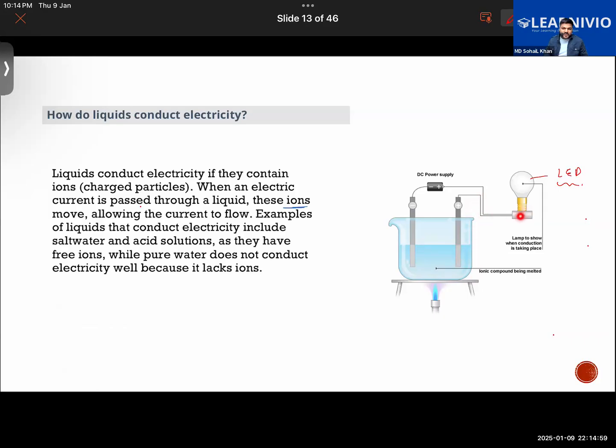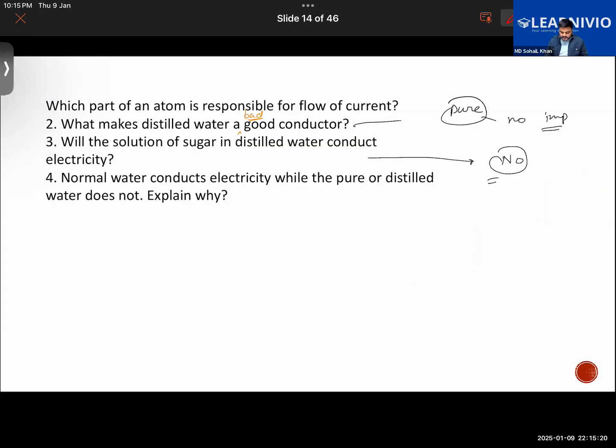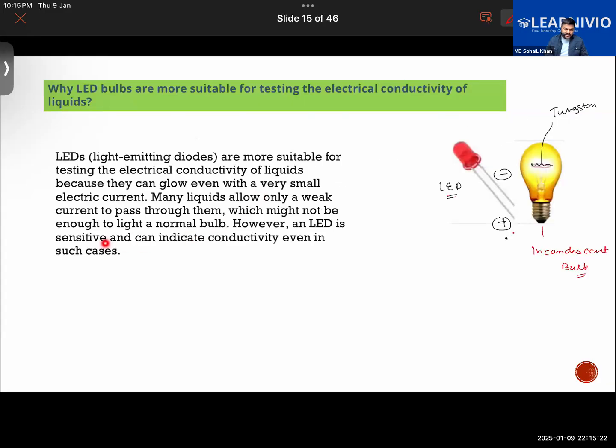So even with a little amount of electricity, the LED bulb will glow. But if you were to replace it with the incandescent bulb, and this weak electrolyte allowed only a little amount of electric current to pass through it, that incandescent bulb would not have glowed. Okay, now Ramesh, read the given paragraph.